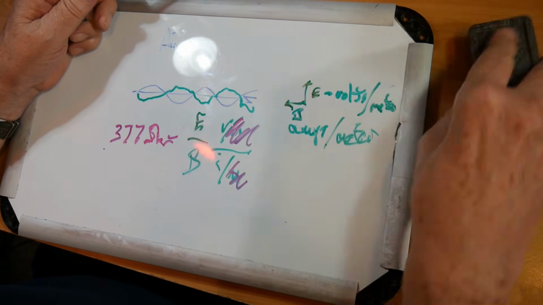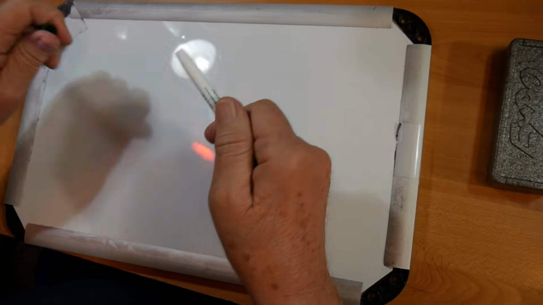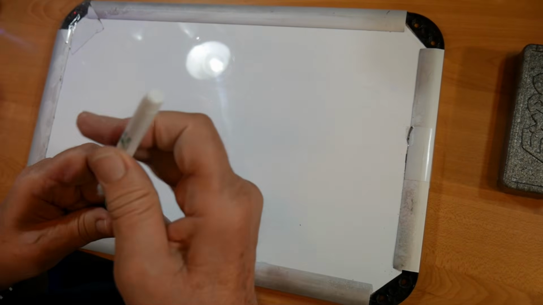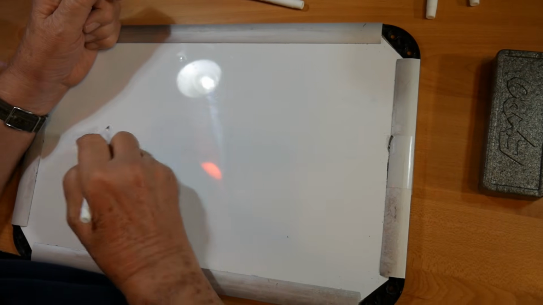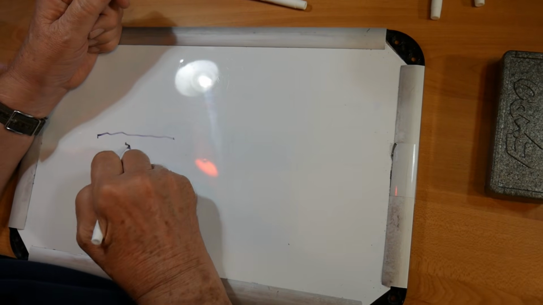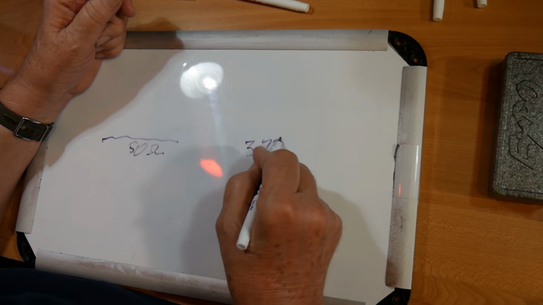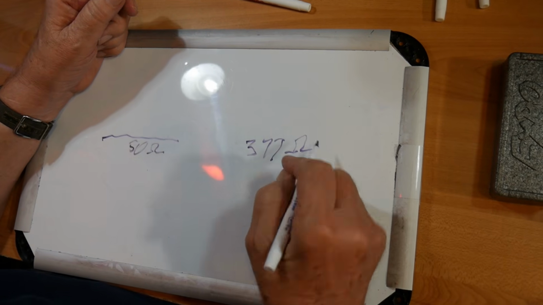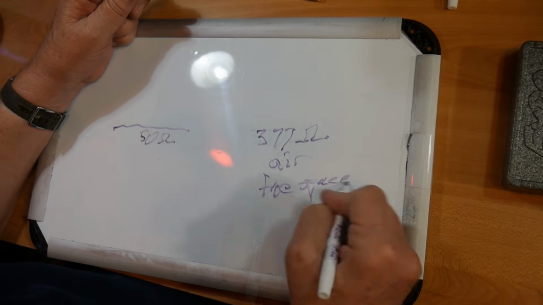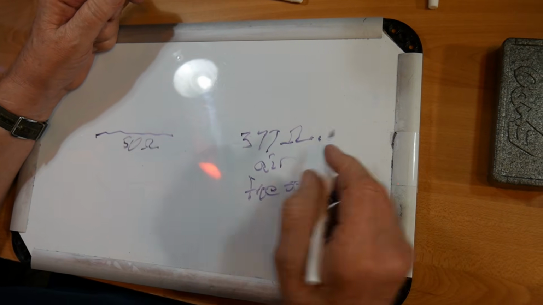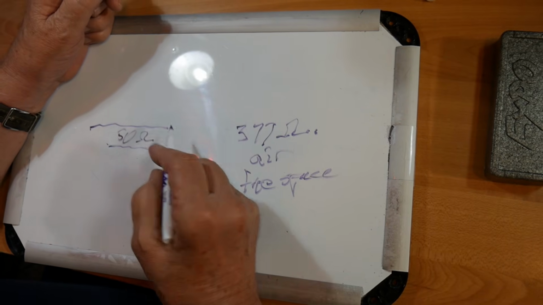So if you want to think of purely at RF, and we'll just put this down, we've got 50 ohms in our transmission line, and we've got 377 ohms in air or free space. This travels at the speed of light. This travels somewhat slower than the speed of light through this.